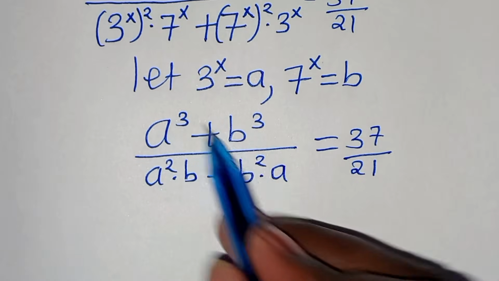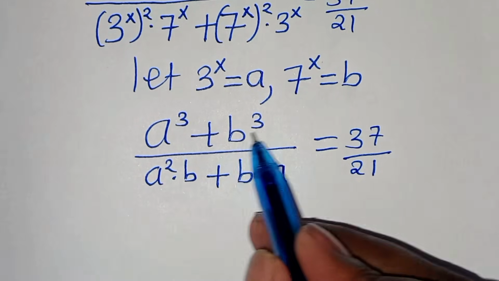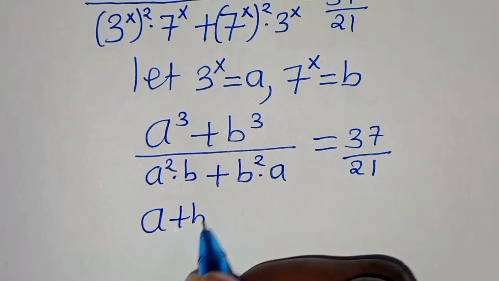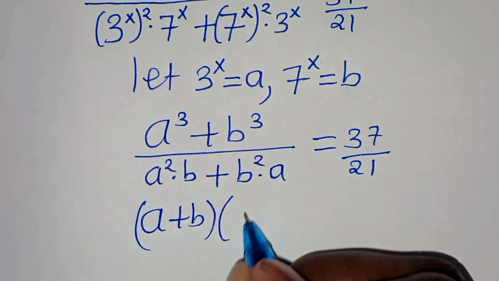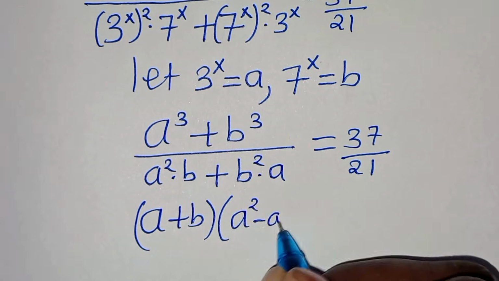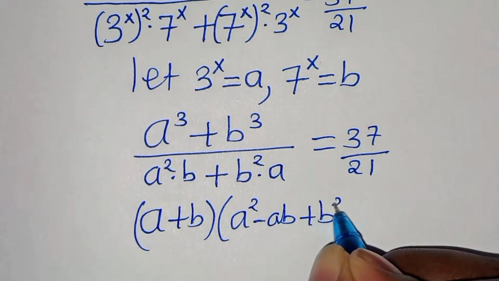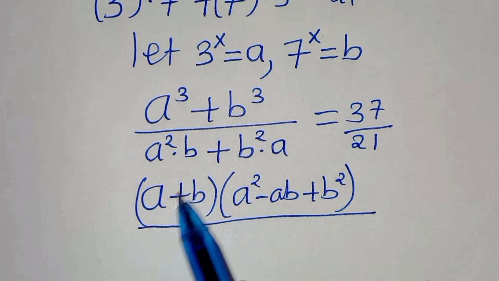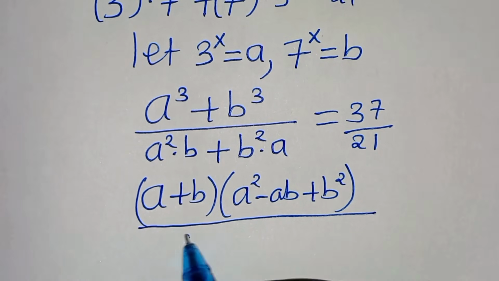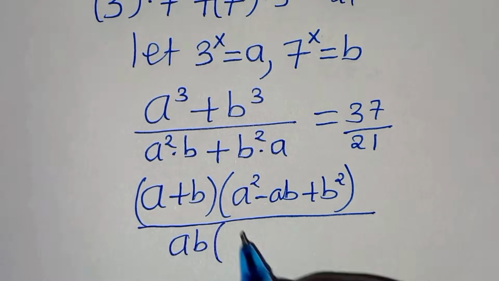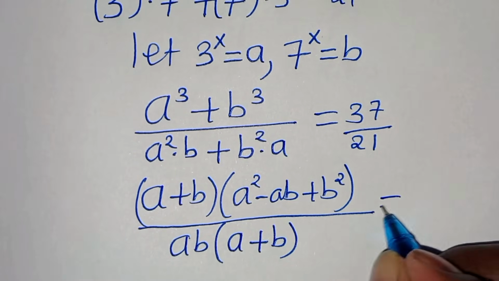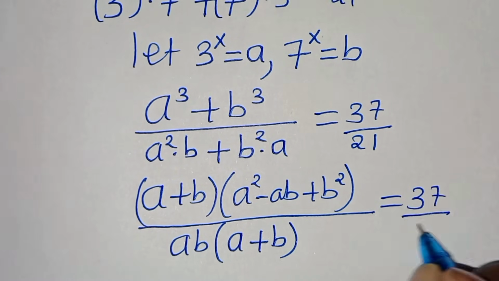Now, a to the power of 3 plus b to the power of 3, this is the sum of two cubes, which we can express as (a plus b) multiplied by (a squared minus ab plus b squared), close the parentheses, everything here divided by. Now, here we can factor out ab, into the parentheses this is a plus b, and this is equal to 37 divided by 21.